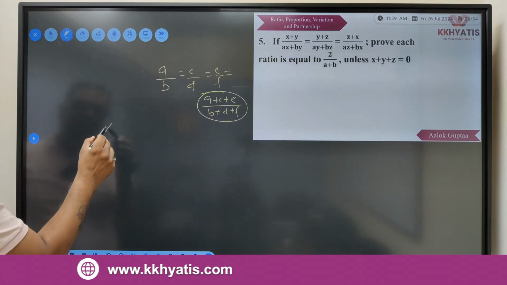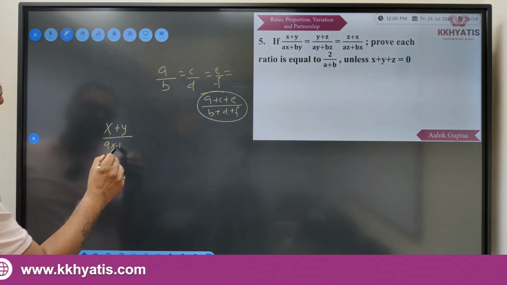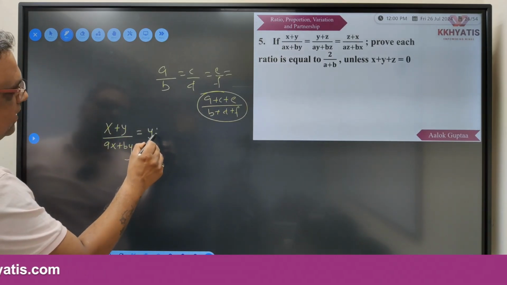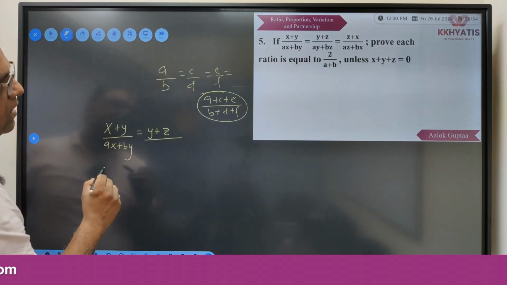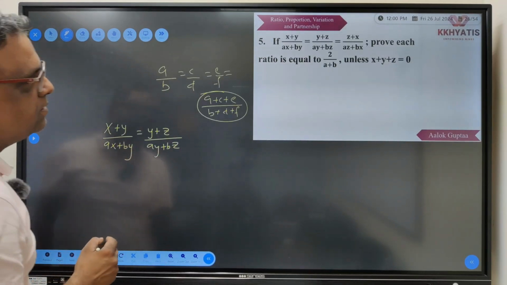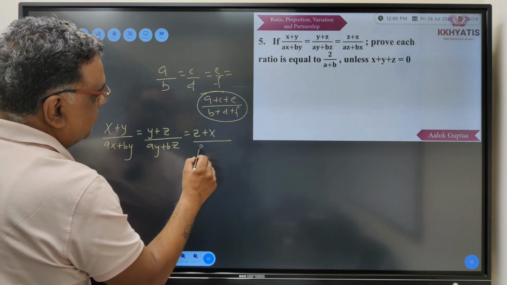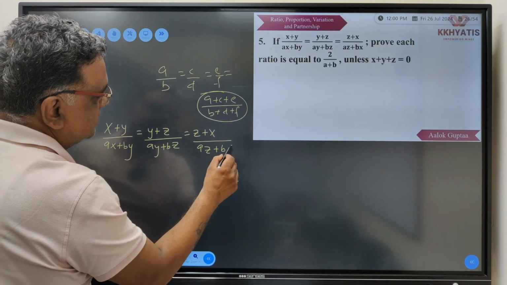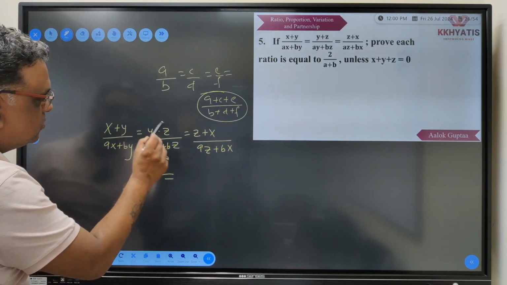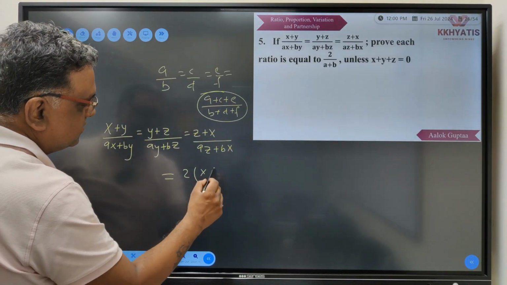So if someone is telling me that (x + y)/(ax + by) = (y + z)/(ay + bz) = (z + x)/(az + bx), doesn't it mean that all these ratios should also be equal to the sum of the numerators over the sum of the denominators? If I add all the numerators, it becomes 2 times (x + y + z).